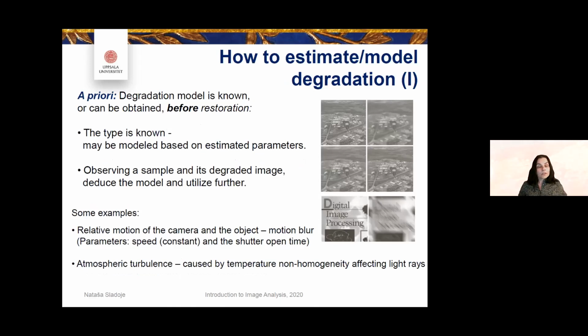Okay, but now let's continue with seeing how to solve the first problem listed on the previous slide: how can we learn or conclude something about the type of degradation, this H, that we need to divide with in inverse filtering?